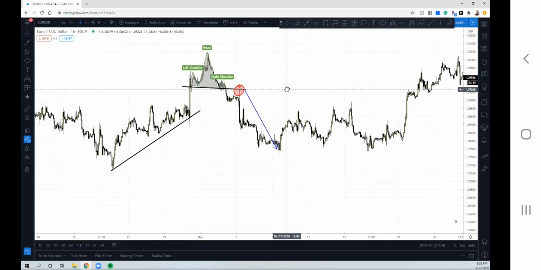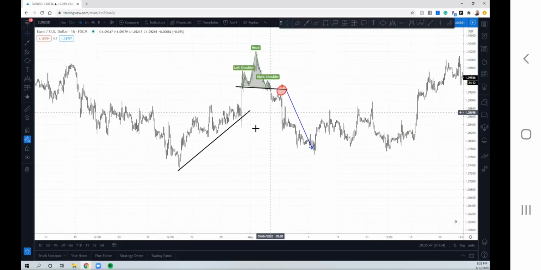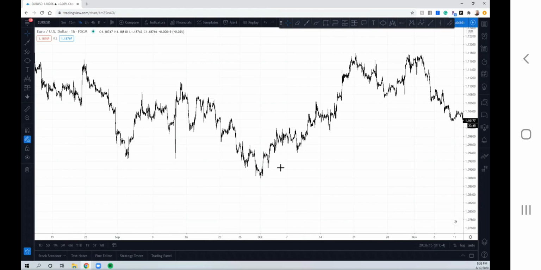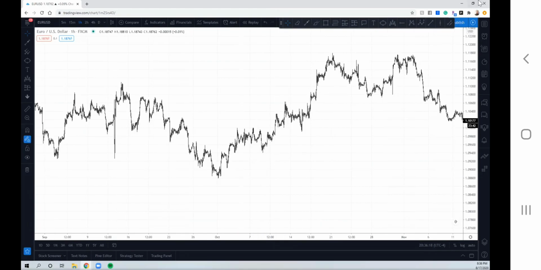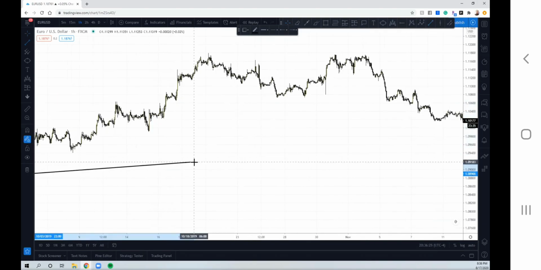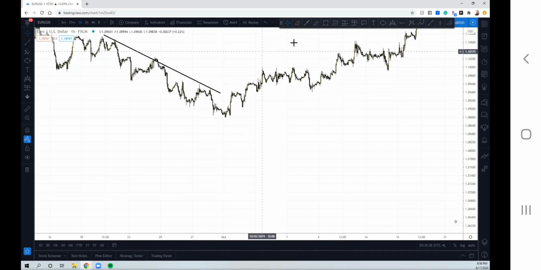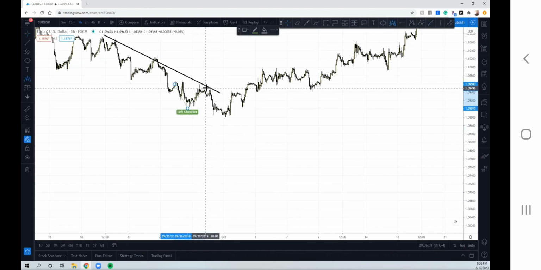So now let's look at an inverted head and shoulders pattern example. Here's an example of the inverted head and shoulders pattern. So we have a clear downtrend right here. We have the left shoulder form here. Then we have the head here. Then we have a small right shoulder here.